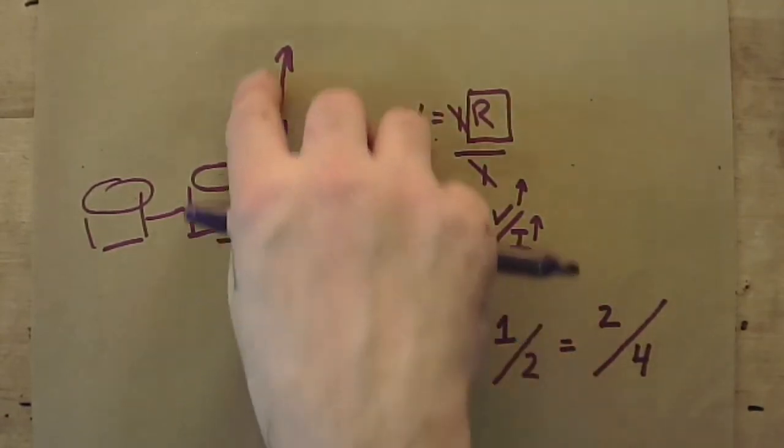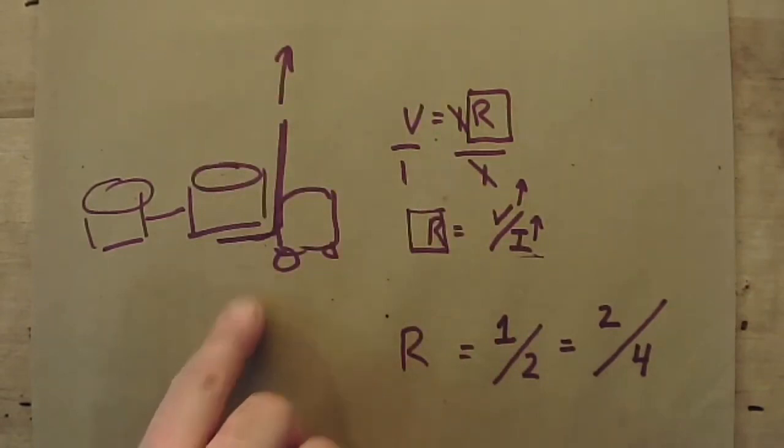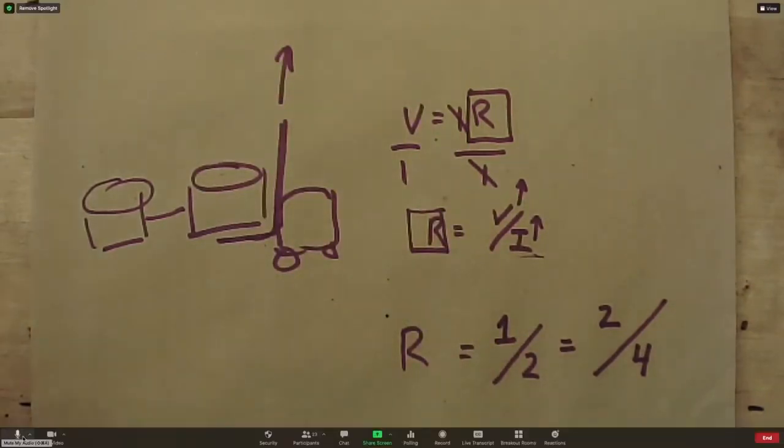We're just lifting up a tub of water. So hopefully that makes not only intuitive sense, but mathematical sense, where we have this interrelated situation between voltage, current, and resistance.